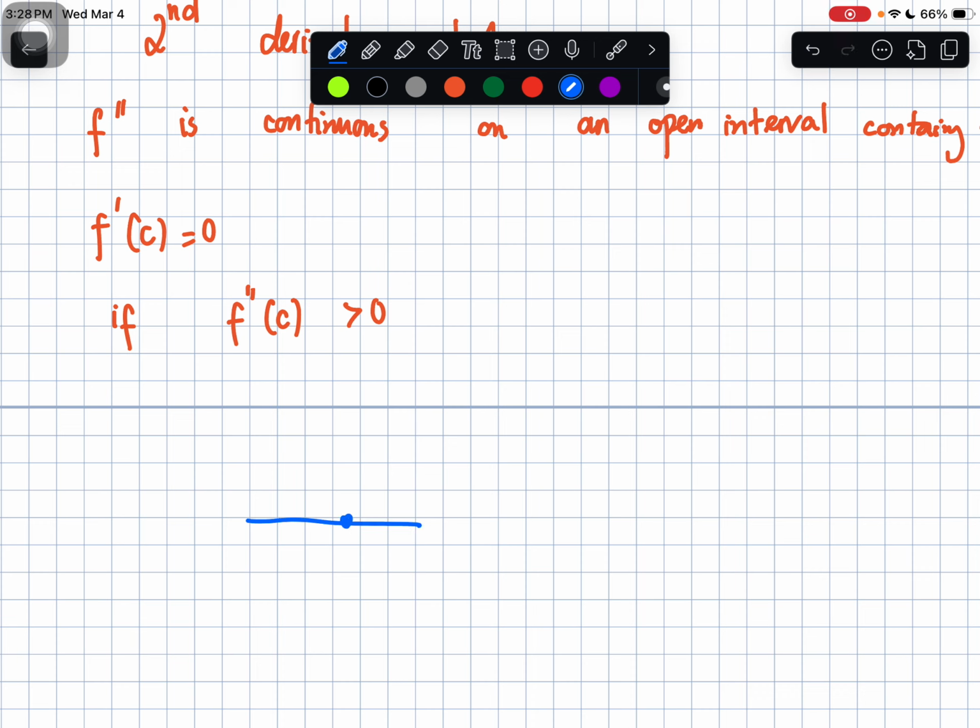At that point, f prime at c is 0, so it's horizontal here. But f double prime is positive. This means f prime is increasing at c.